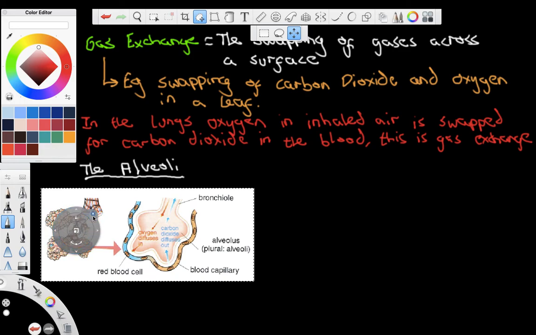So the alveoli are air sacs at the end of bronchioles where gas exchange happens.